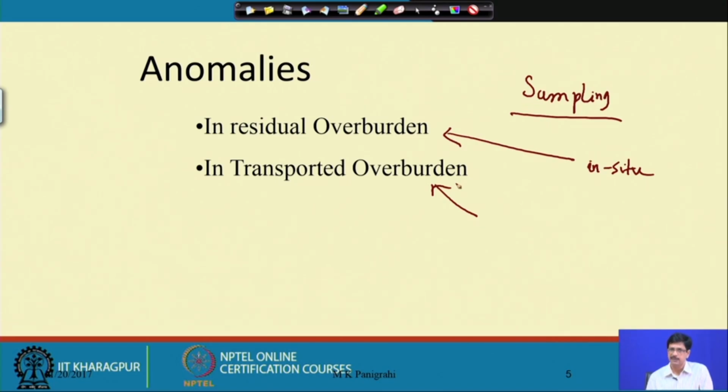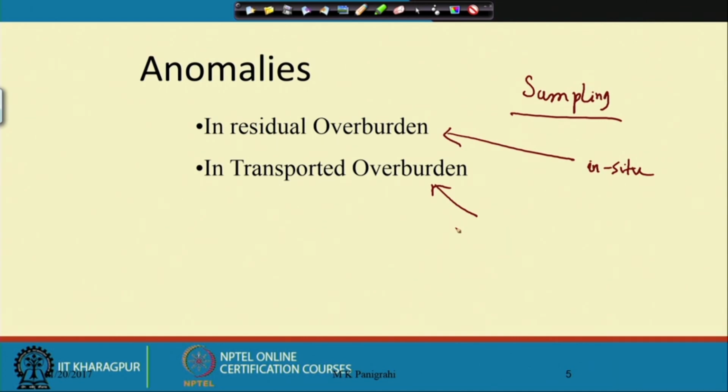Transported overburden essentially means that the soil observed on any particular area lying over the rock is actually not the product of degradation of the rock lying below, but has been transported from soil formed in some other place, by the action of gravity or some transporting agent, and deposited on the area where we are seeing it.